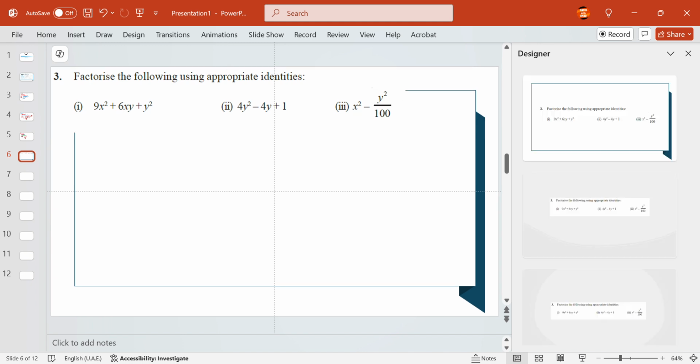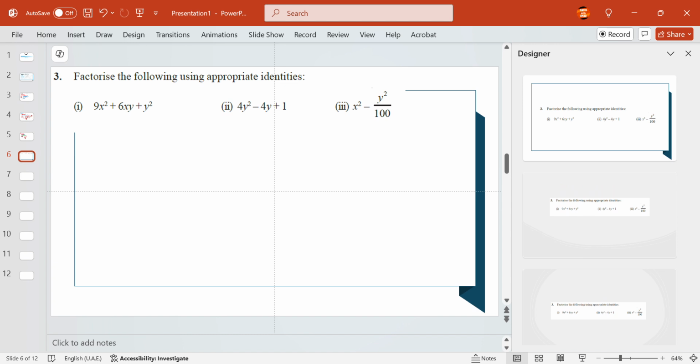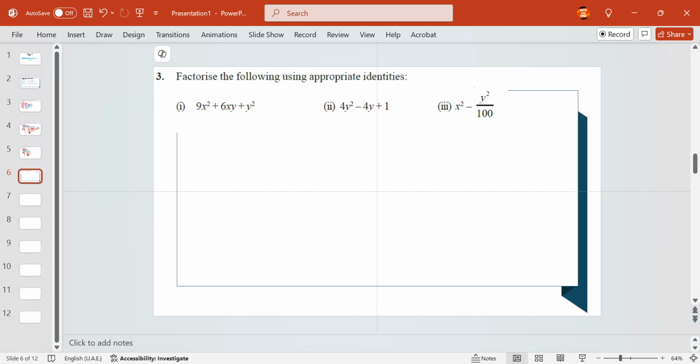So let us factorize, my dear students. So what is factorizing? We have to factorize, right? How do you factorize this? See, when you see an algebraic expression like this, and he is asking to factorize using identities, let me explain.